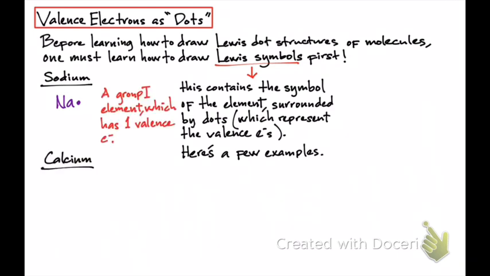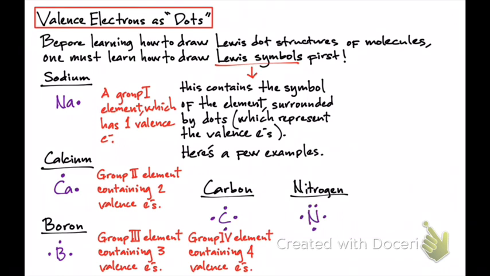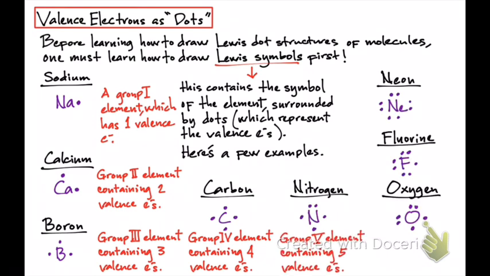And then you have calcium, which has the symbol Ca, and it's a group 2 element, and so it would have 2 dots. Boron would have 3, carbon 4, nitrogen 5, oxygen 6, fluorine 7, neon 8.